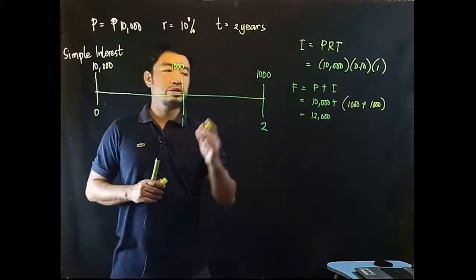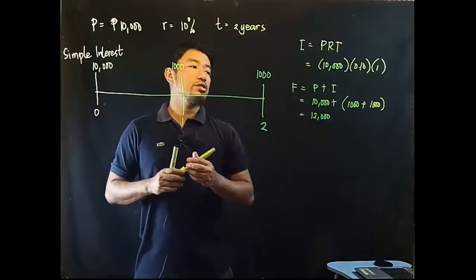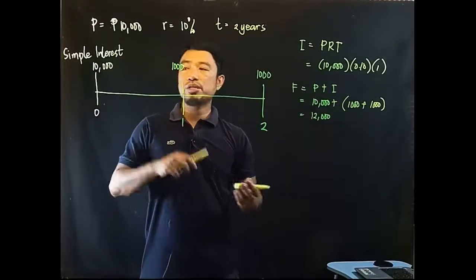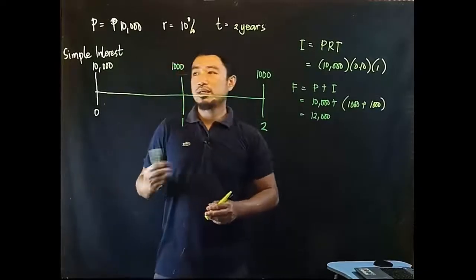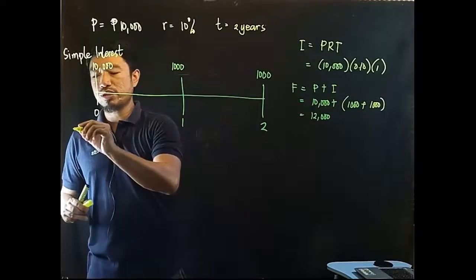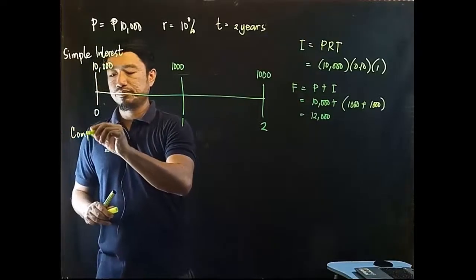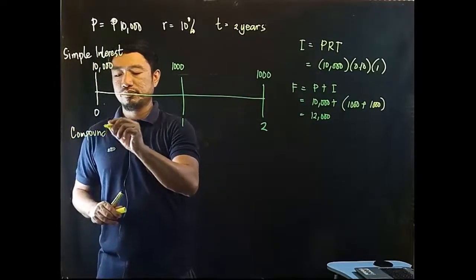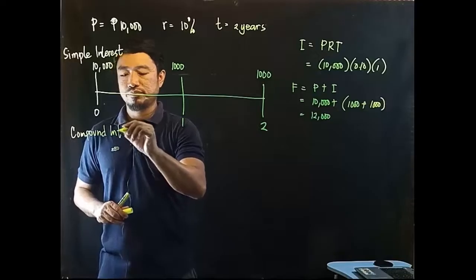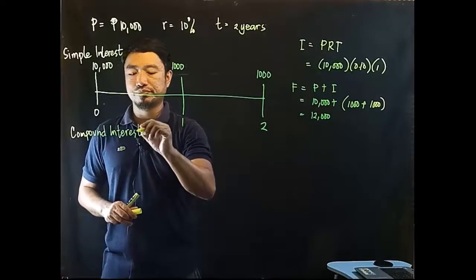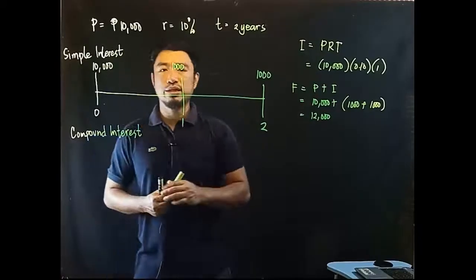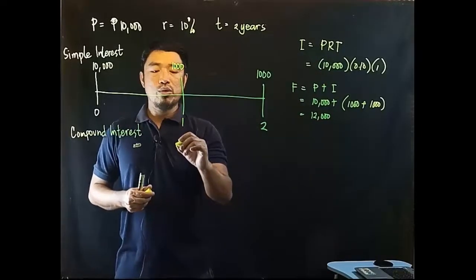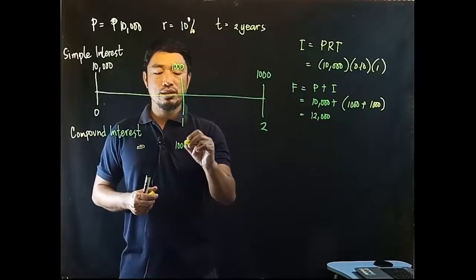So every period of calculation of interest, it is always based on the original amount. On the other hand, for compound interest, on the first year, it will also gain 1,000 pesos.